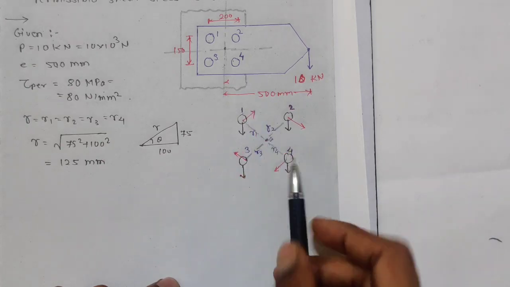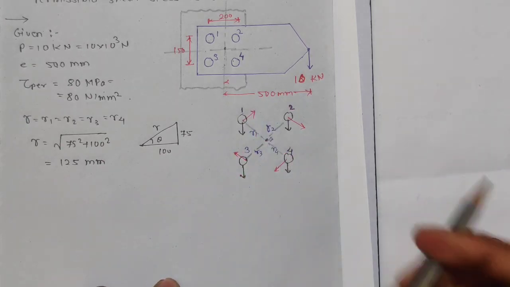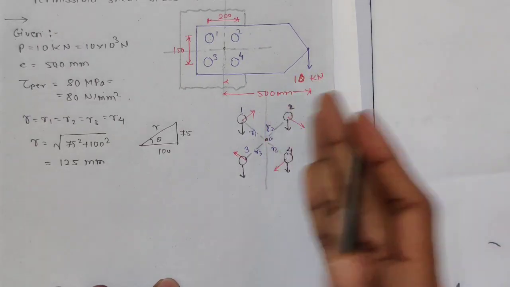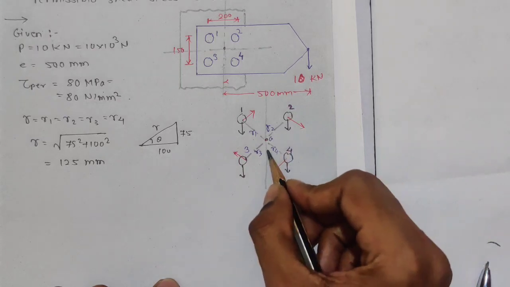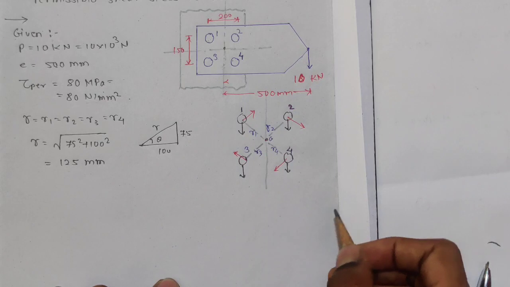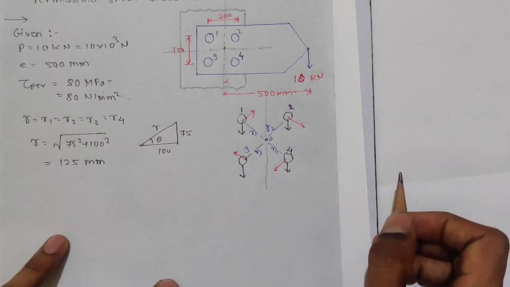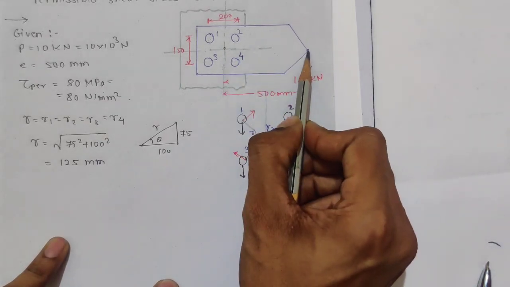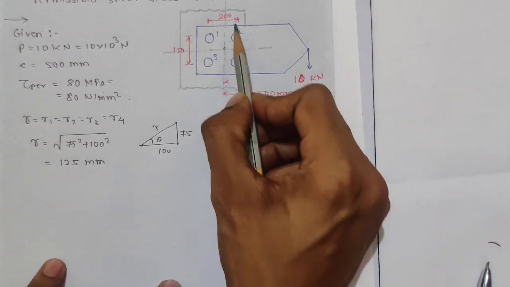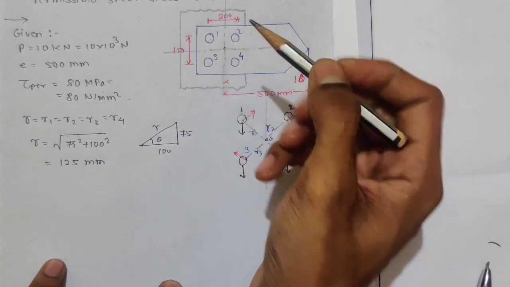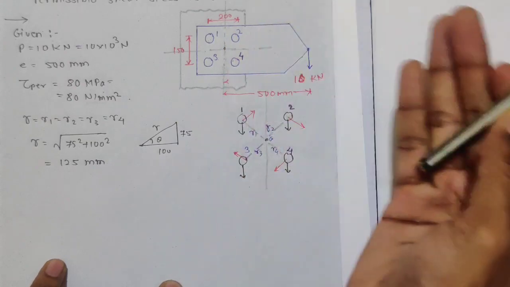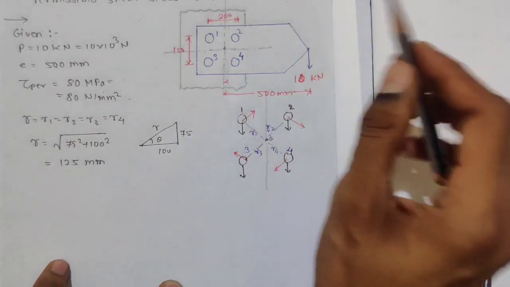So remember that if this is the CG and this is the y-axis, and the load is acting at the right side, then bolts on the y-axis or right side of the y-axis will carry the highest load.